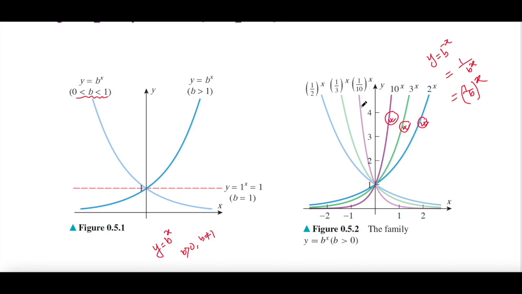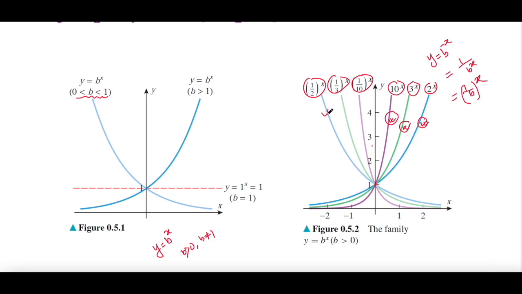You can plot those graphs point by point. 1 by 10 whole to the power x will be symmetric to this one. This graph and this graph are symmetric about the y-axis. And 3 to the power x and 1 by 3 to the power x are symmetric about the y-axis. 2 to the power x and 1 by 2 to the power x are symmetric about the y-axis.